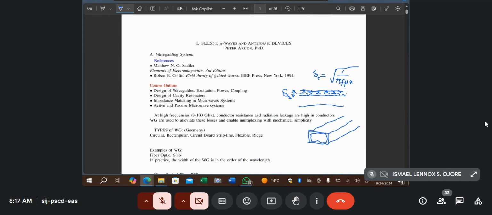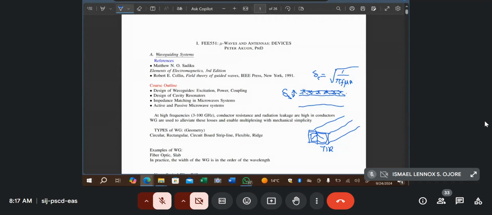So when the waves propagate and hit there, they are reflected back inside so that it achieves total internal reflection. So in that case, we will be avoiding radiation leakage if we use a waveguide rather than using conductors, and that's why it becomes very important.